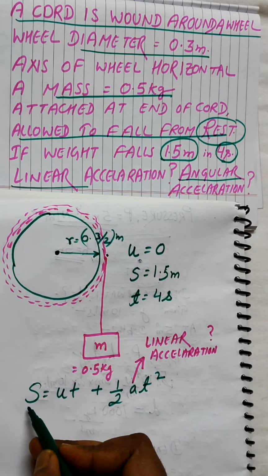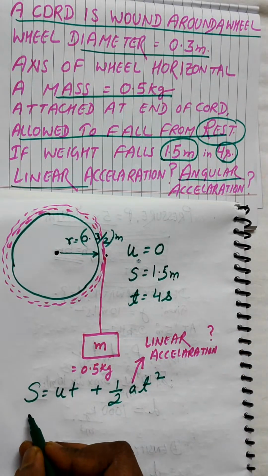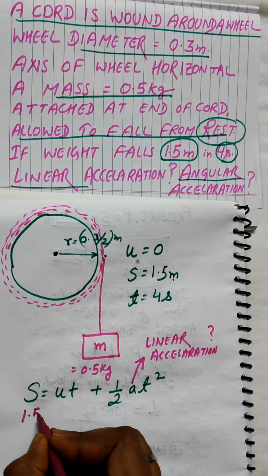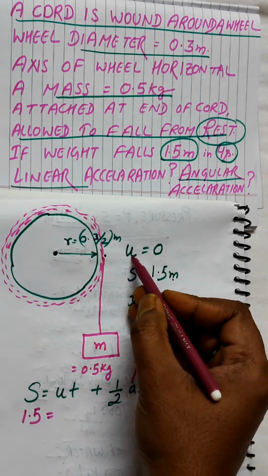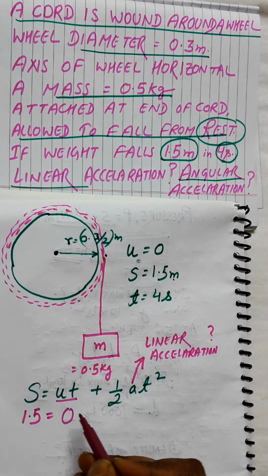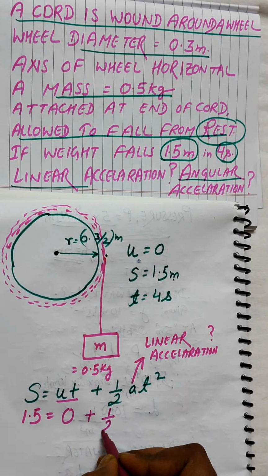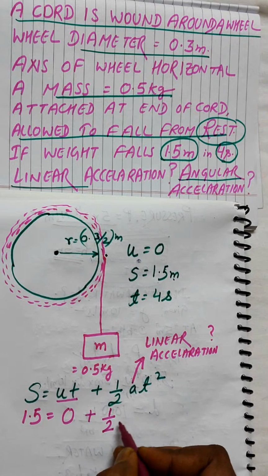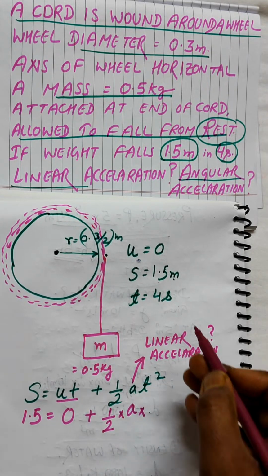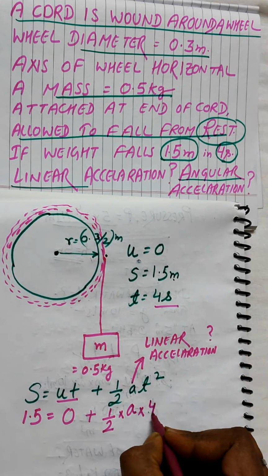Now here S is given as 1.5 meter. In place of S, just write 1.5 meter. Since the value of u is 0, this term will be 0. Now half at square, that is 1 by 2 into a into t square. What is the value of t? It's 4 seconds here, so it will be 4 square.